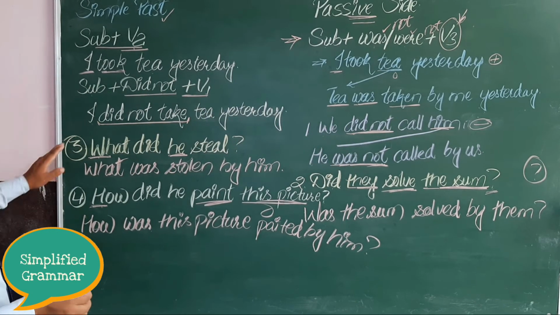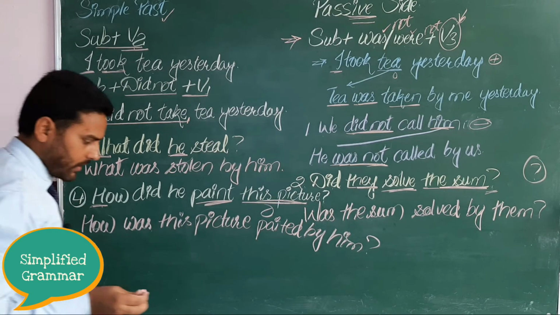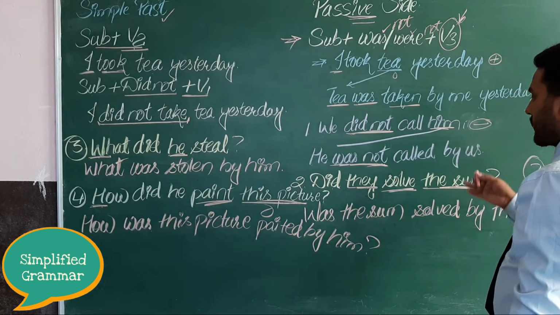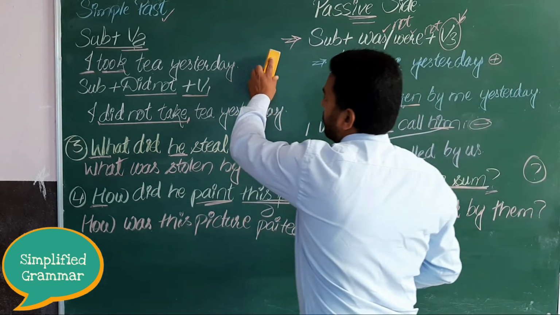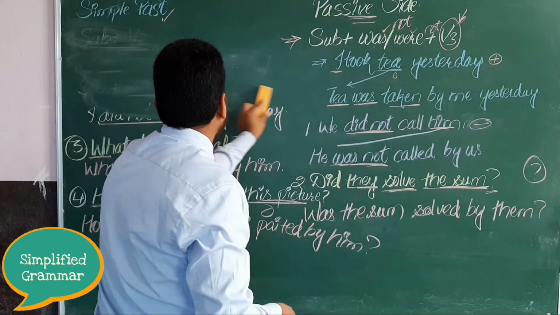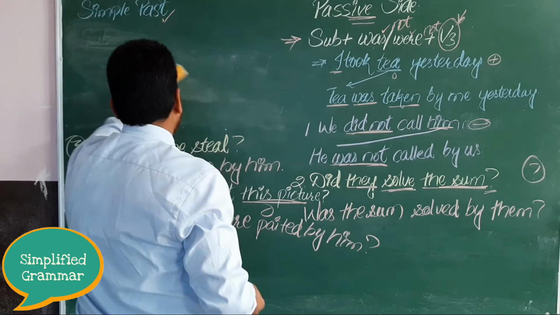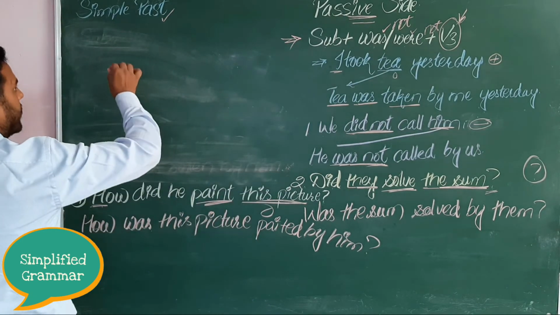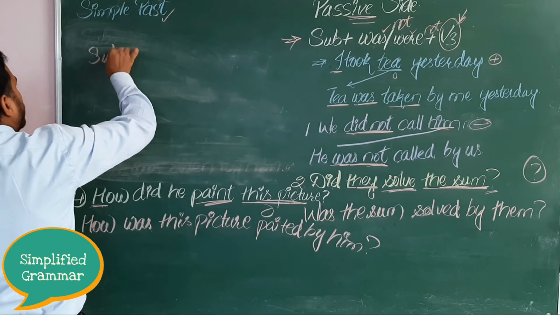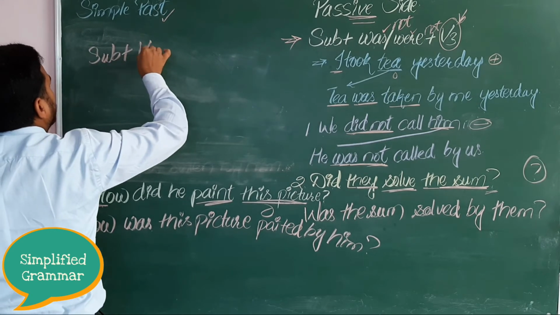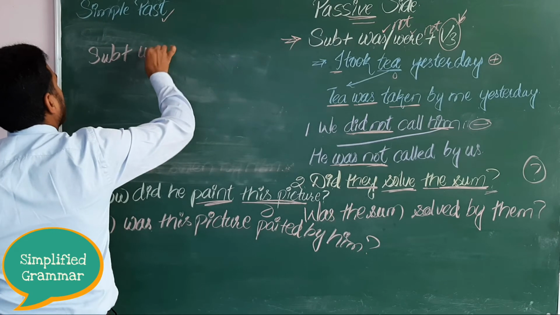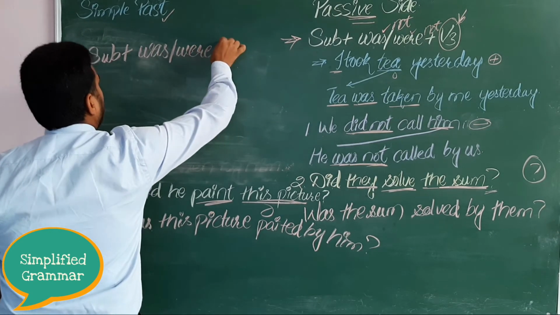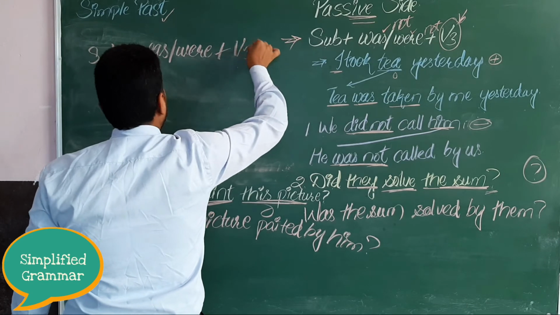So by these rules and regulations, we solved these sentences. So once again, let me remind you the rules. Firstly, subject plus was, were, plus third form of the verb.